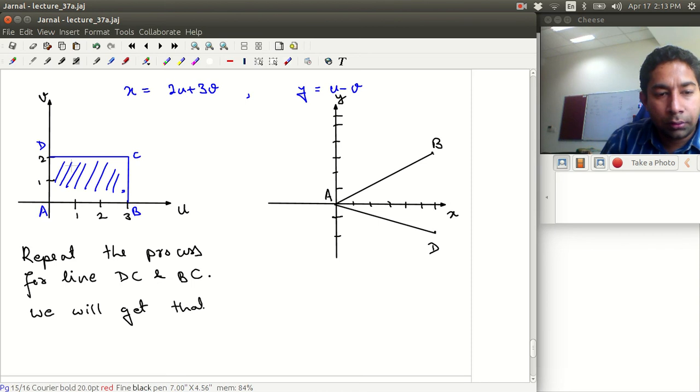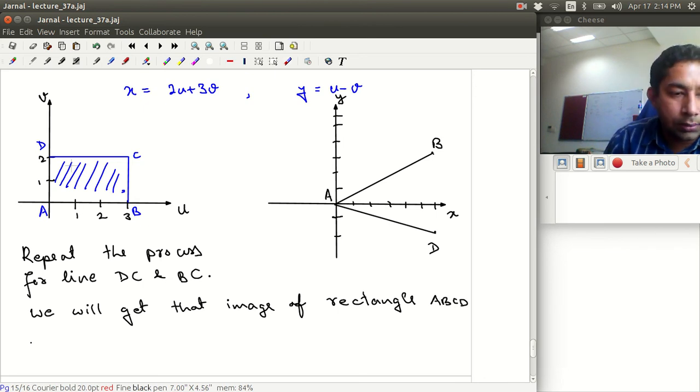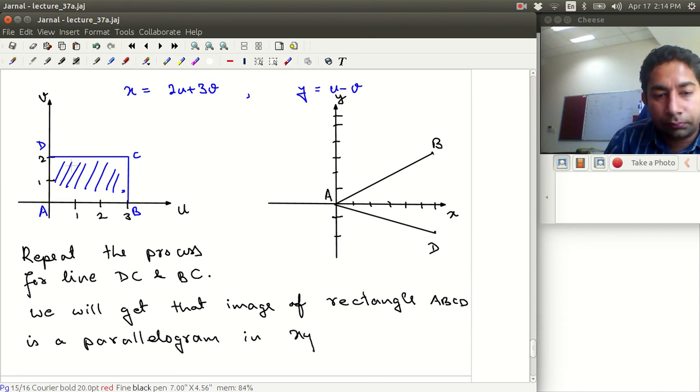We get that the image of the rectangle ABCD in uv coordinates is a parallelogram in xy coordinates.